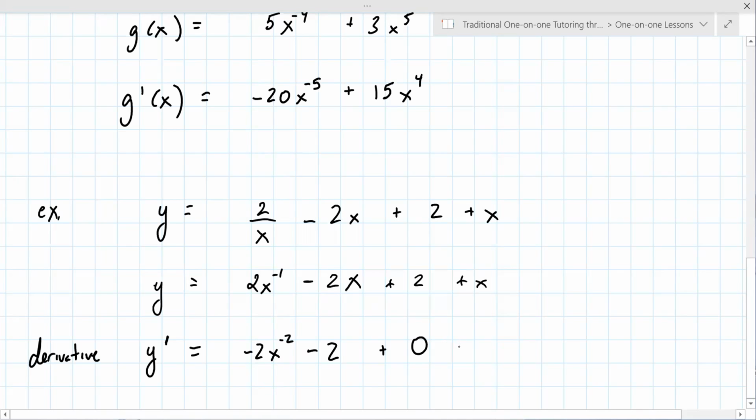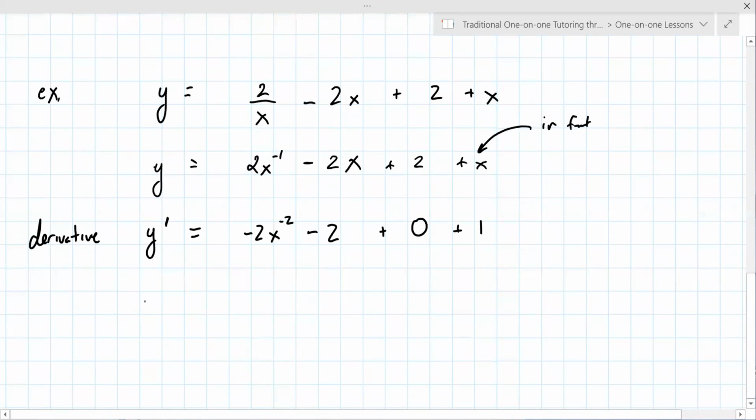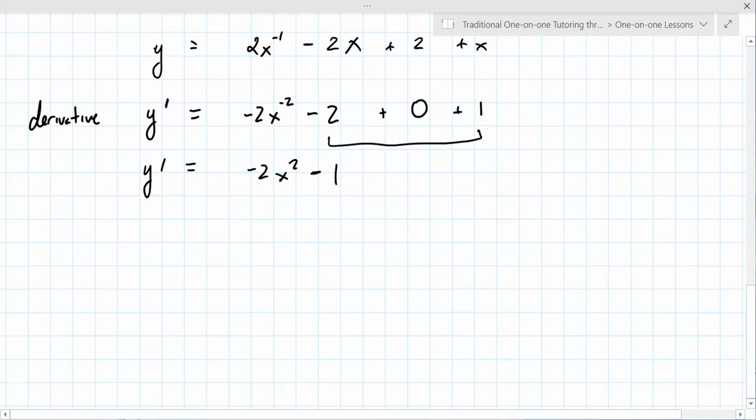What number is in front here? 1. Plus 1. There are always a few little things here that could get you. So these combine, that's minus 1.